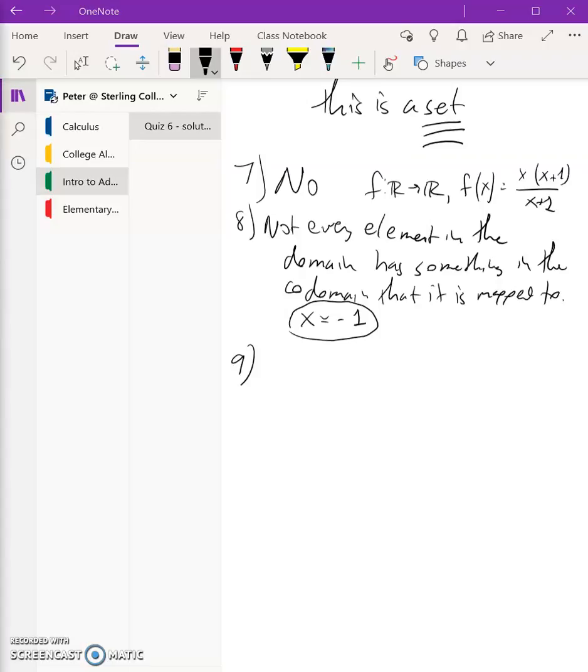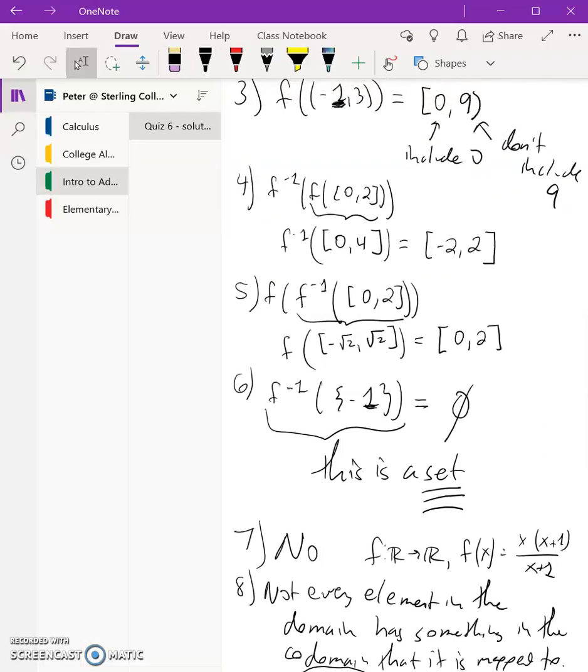So then question 9, you need to create some type of function that maps A to B, where a set P is a subset of A, such that P does not equal the inverse image of f of P. If you look up at question 4 here, we have this set, interval 0 to 2, and then we look at the inverse image of f.